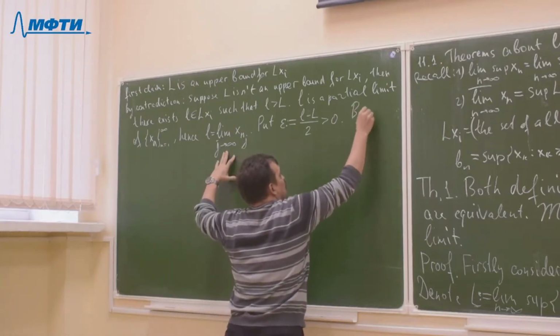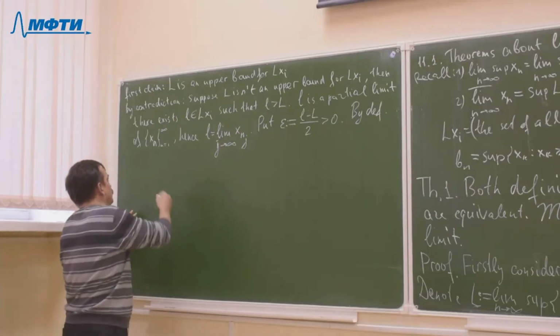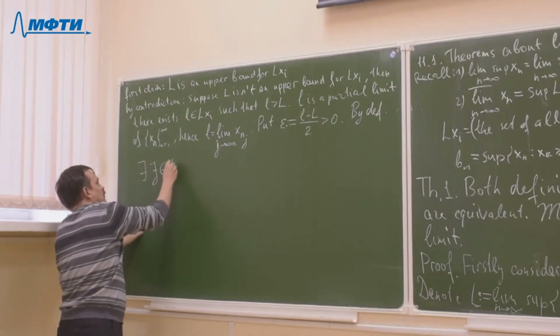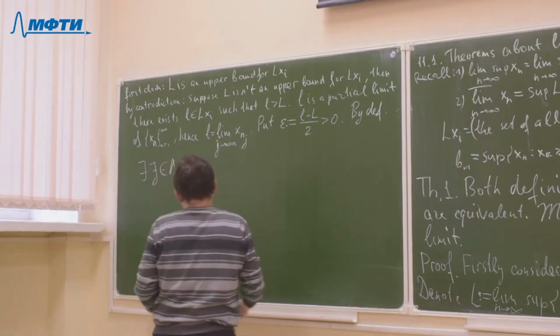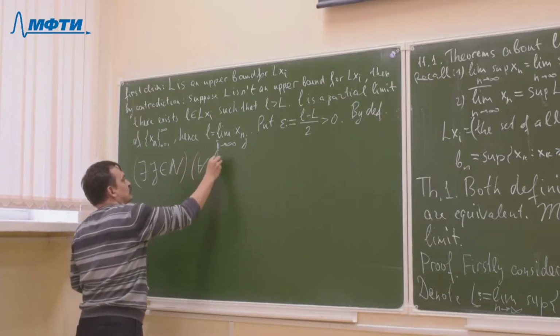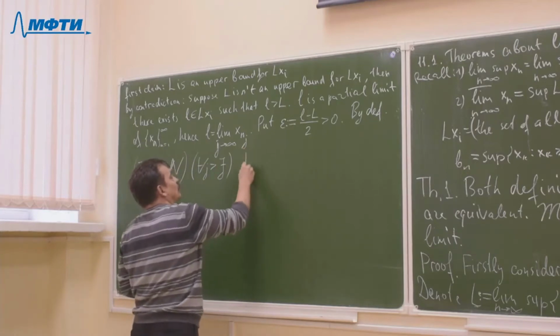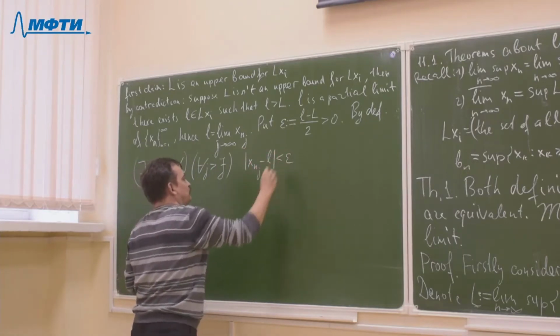By definition, we can find a natural number capital J such that for all j greater than capital J, we have |x_{n_j} minus l| less than epsilon.